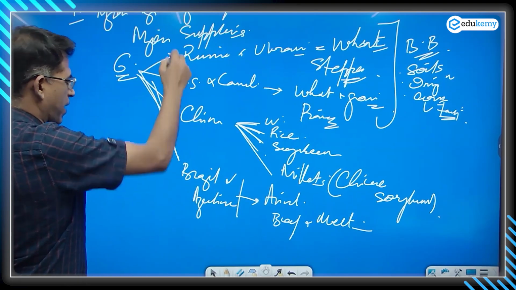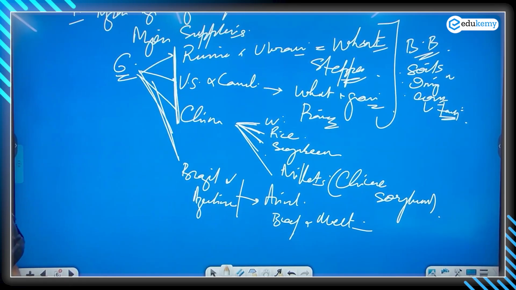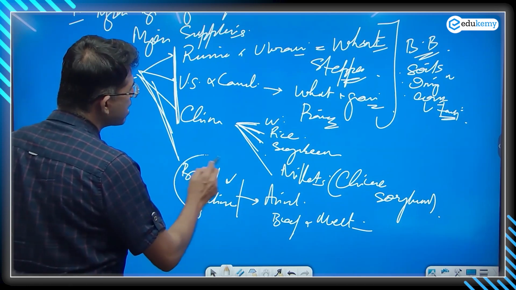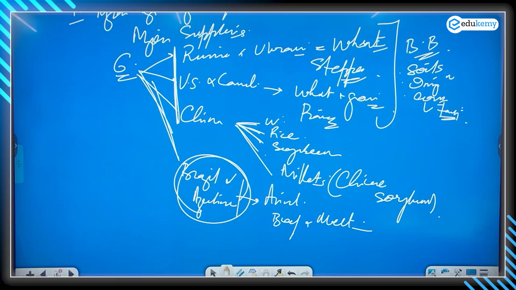Now, one difference is Russia, Ukraine, US, Canada, China. They are suppliers to the developing world, Africa, okay, Central Asia. The big suppliers to the developing world, parts of Asia, parts of Central Asia, parts of Africa. But Brazil, Argentina exports are more towards the developed world.